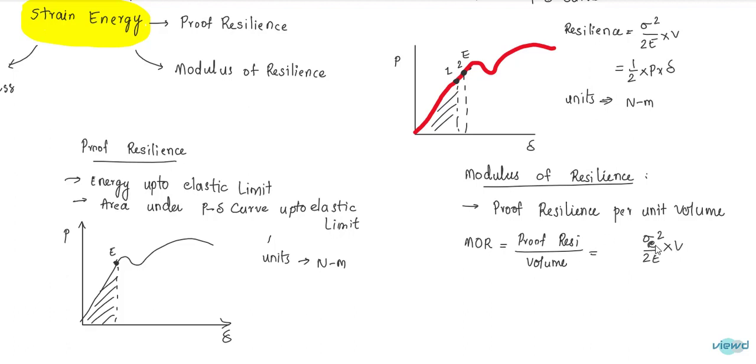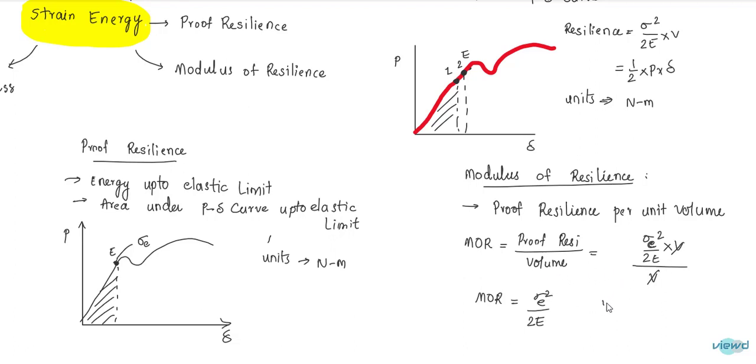I am writing this as sigma E, the maximum elastic stress, divided by volume. So volume gets cancelled. So modulus of resilience is equal to sigma E square divided by 2E.